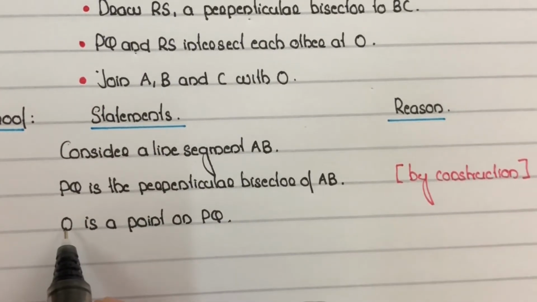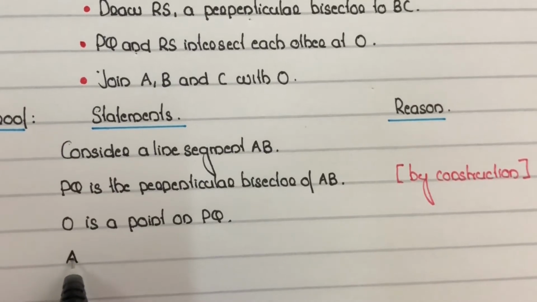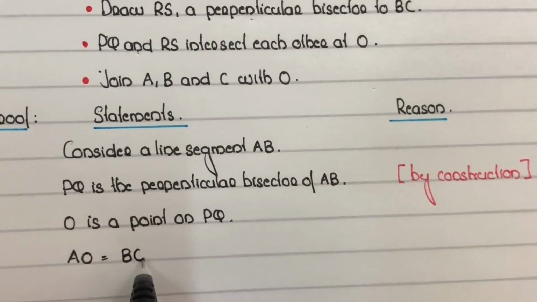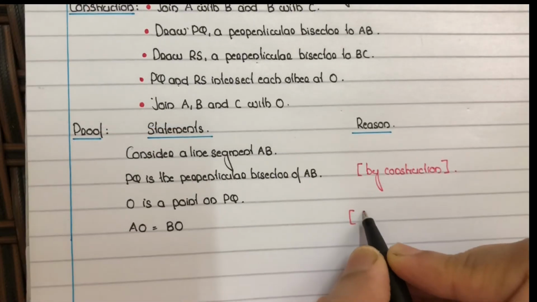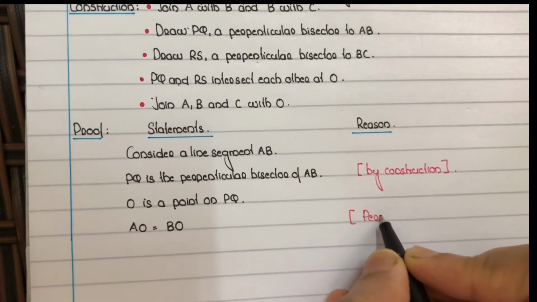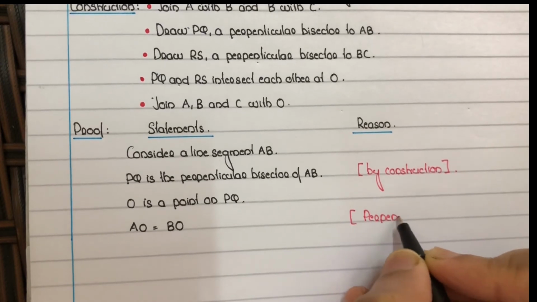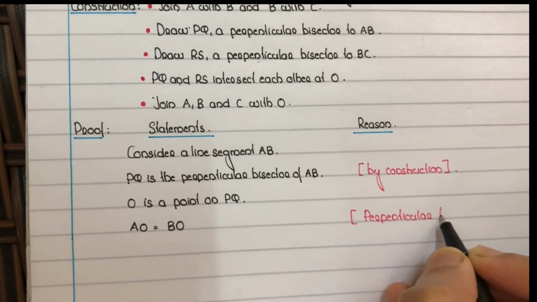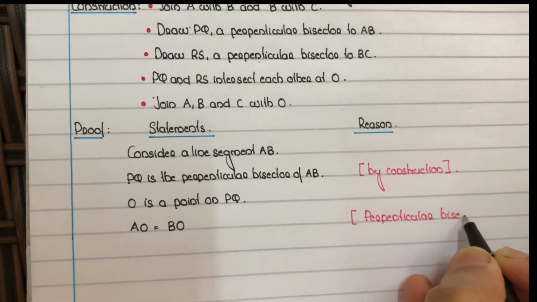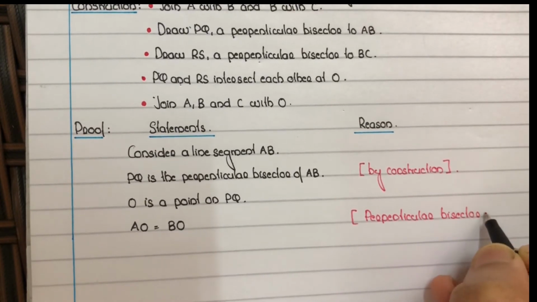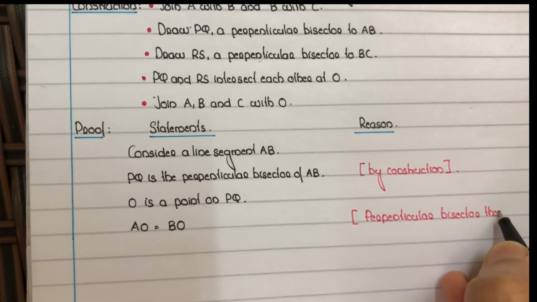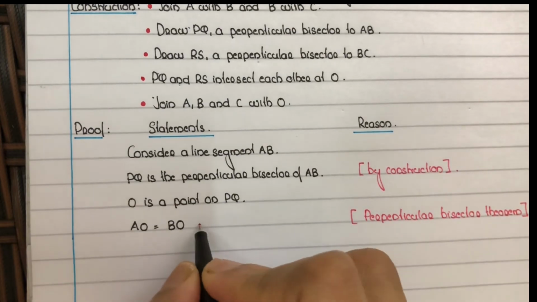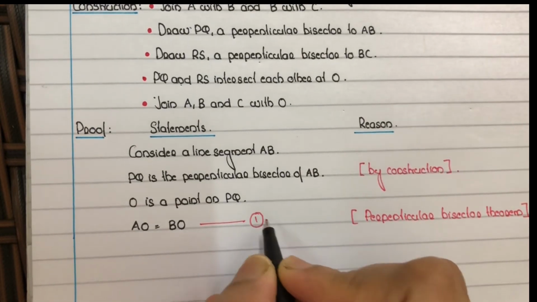Then you can say that AO equal to BO. Reason is perpendicular bisector theorem. Mark it as equation number 1.